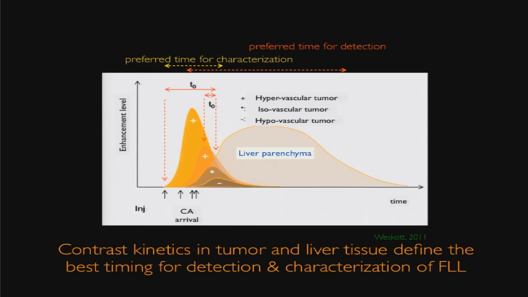Okay, so when we look at malignant lesions, then we have the kinetics that you already know, of course. We see some lesions pick up contrast very early, hyper-enhanced lesions, even more enhancing than the liver parenchyma. But there are also malignant lesions that take up contrast earlier than the liver parenchyma, but not as strongly enhanced compared to the liver.